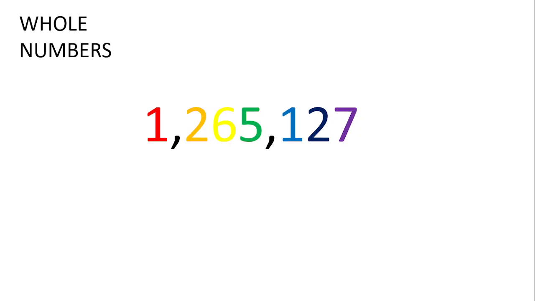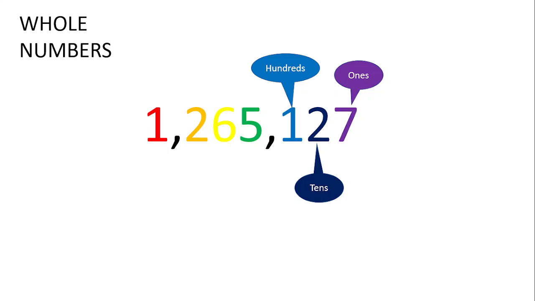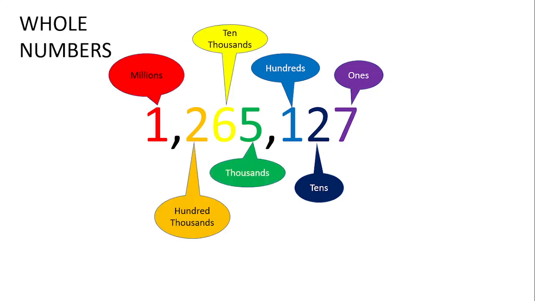The 7 is the ones position, the 2 is the tens, and then I have hundreds, thousands, 10,000s, 100,000s, millions. And of course, if I expanded the number more, I'd have 10 millions, 100 millions, billions, 10 billion, 100 billions, trillions, and things like that. But I didn't want to use a number that big for this demonstration.